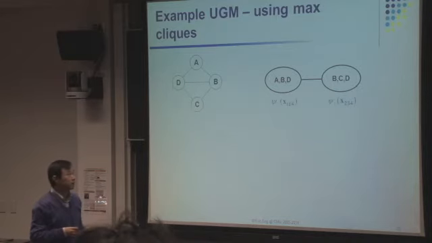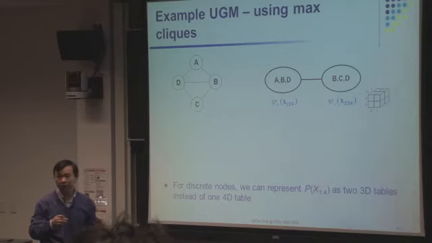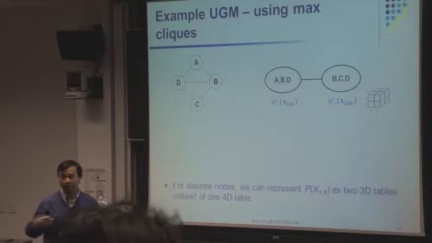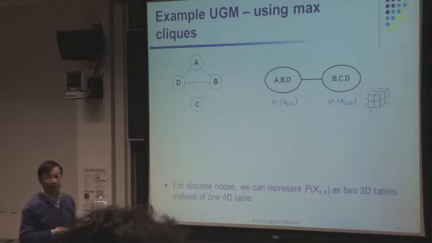Very simple. You just build two 3-dimensional tables and put the right numbers there. You can put arbitrary numbers here if you want to design by yourself, or you can learn the numbers if you have enough data and optimize a certain loss function. And that's pretty much a way of representing this particular distribution.